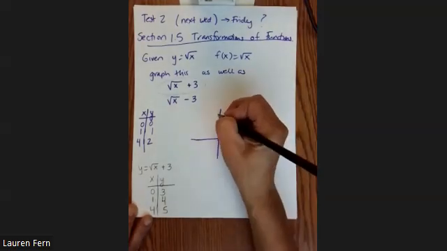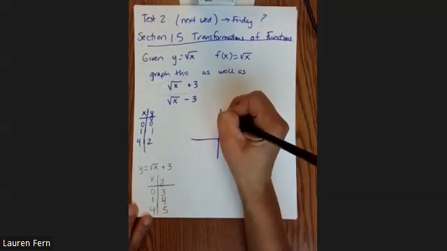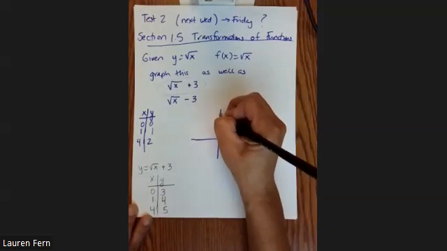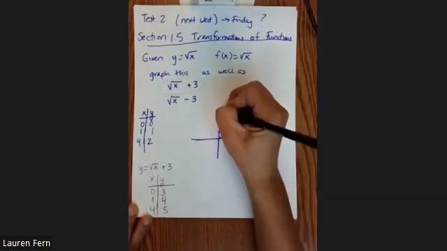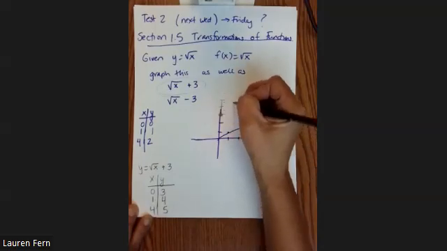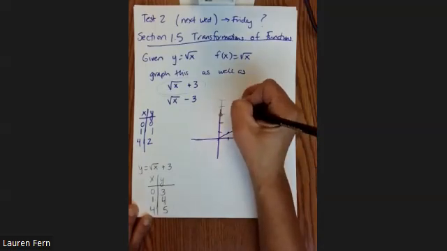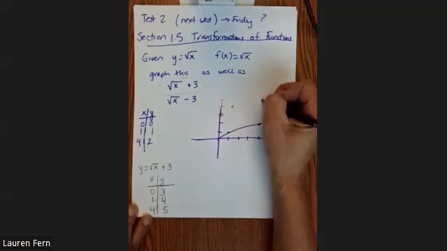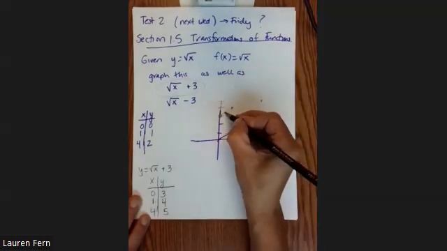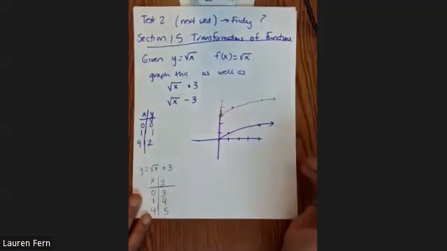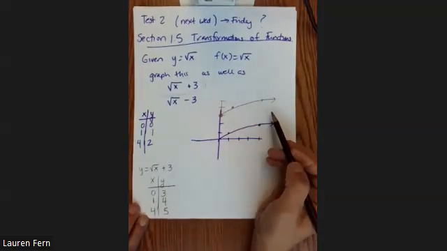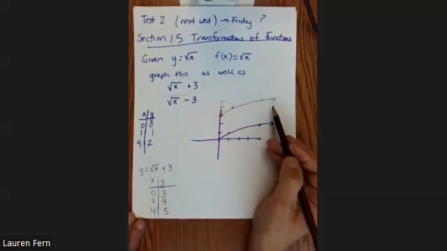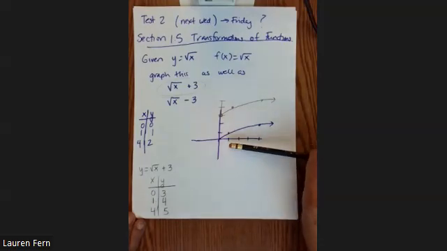And we can plot this. Now, if I plug in x equals 0, I'm up at 3. If I plug in x equals 1, I'm now up at 4. And now, if I plug in x equals 4, I'm up at 5. Do you see how my curve looks very much the same?